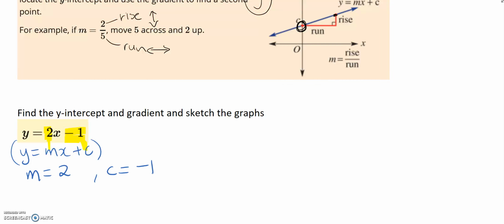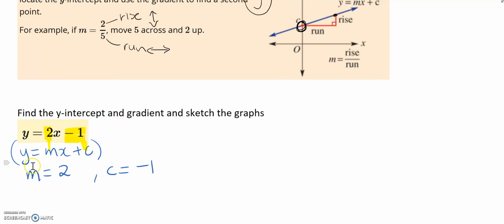Now, to work out where we're moving, we need to know the rise and the run. When the gradient is in fraction form, it's easy to identify, because visually we can see we have to go 2 places up and 5 places to the right. But if it's a whole number, like 2 here, what can we do?